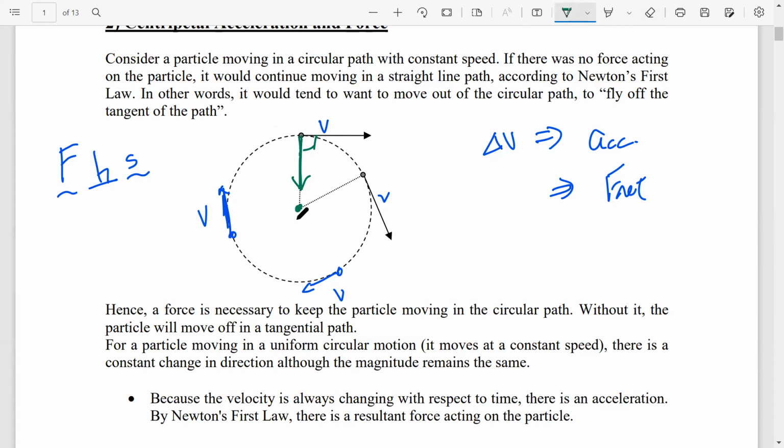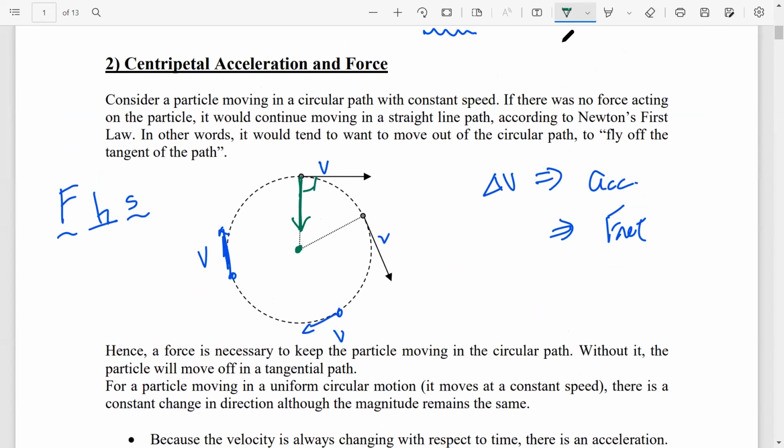There's a name for it: it's called the centripetal force. The acceleration will be called centripetal acceleration.